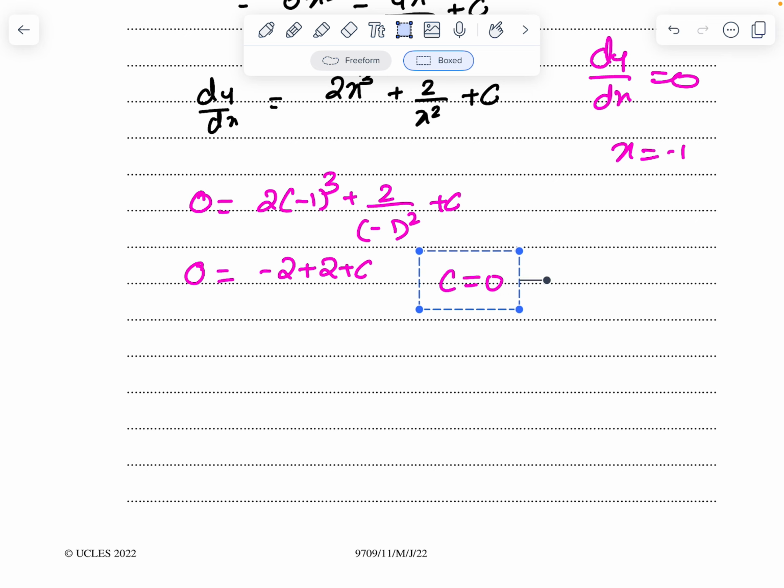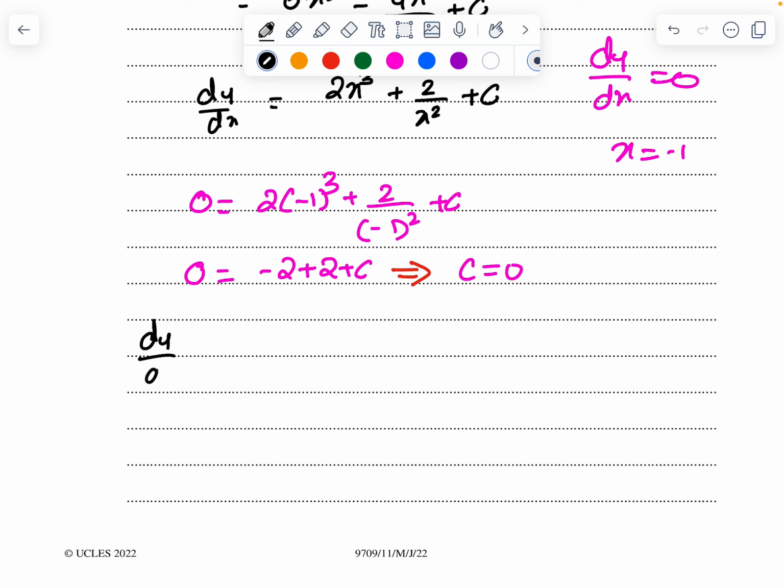So c equals 0. So what is dy/dx? dy/dx will become now 2x³ + 2x^(−2). Now once again do the integral on both sides.